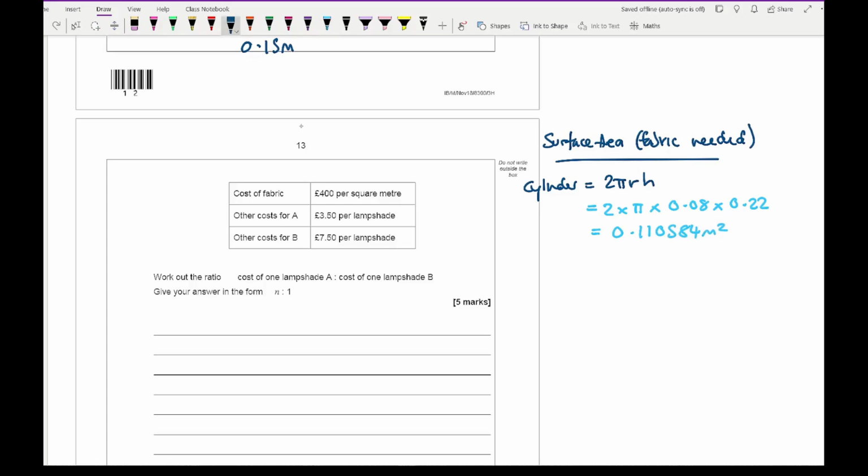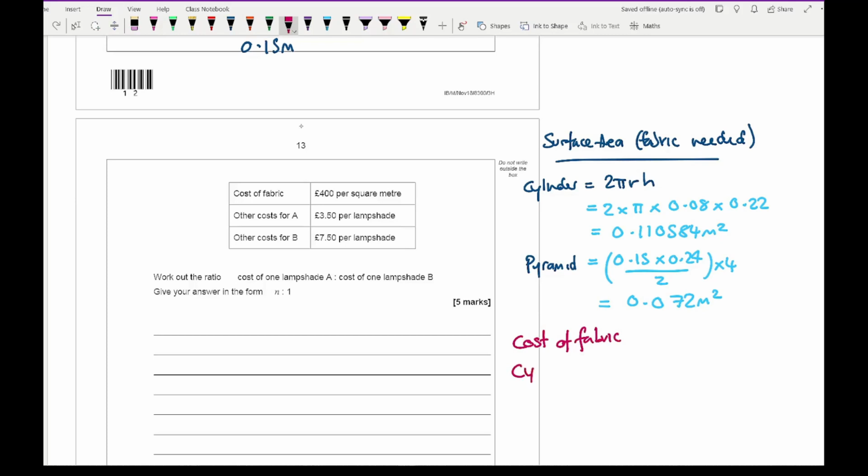Then if I work out what the pyramid is going to be, which is just 4 triangles, that's going to be 0.15 times 0.24 divided by 2. You need to multiply that by 4 because I've got 4 triangles, and that gives me a total area of 0.072. The next thing I then need to do is work out the cost of fabric.